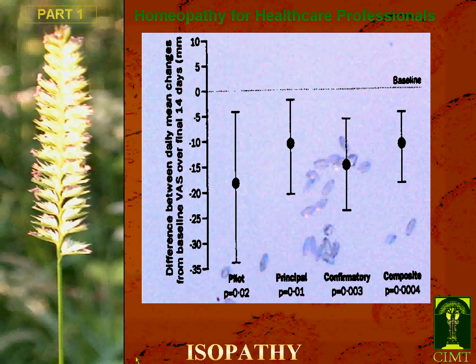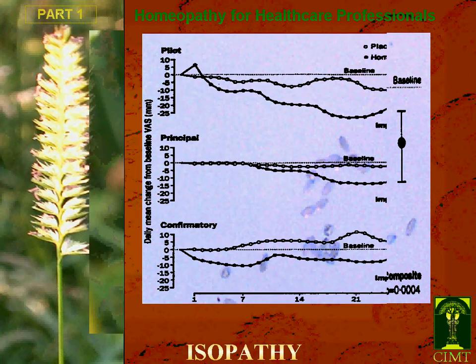P-value of 0.0004. So there's only a 4/10,000ths of a chance that these results would have arisen by chance in what were very, very high quality trials. So this has then gone on to be replicated in other centres, and there are other forms of evidence for ultramolecular potencies, but this is one of the more convincing trials.